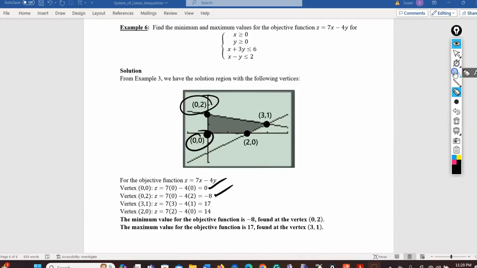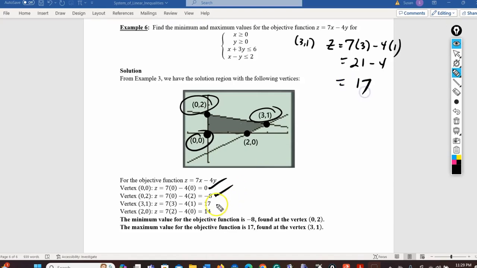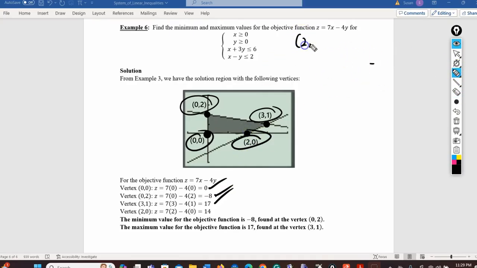My next vertex is this one. So my objective function is going to be 7 times 3 minus 4 times 1, which is going to be 21 minus 4, which is going to be 17. And then lastly, for the vertex 2, 0, my objective function is going to be 7 times 2 minus 4 times 0, which is going to be 14.